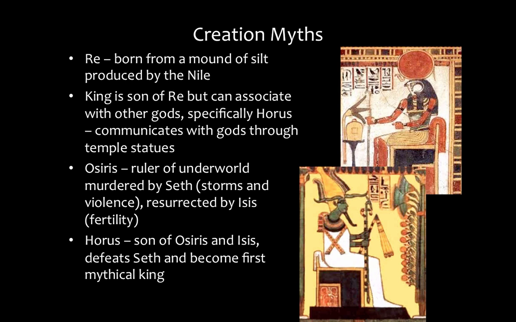So she's this goddess of fertility or creation. Horus is the son of Osiris and Isis, and he defeats Seth to become the first mythical king. So every king that is derived after Horus is said to have a special relationship with this first king.